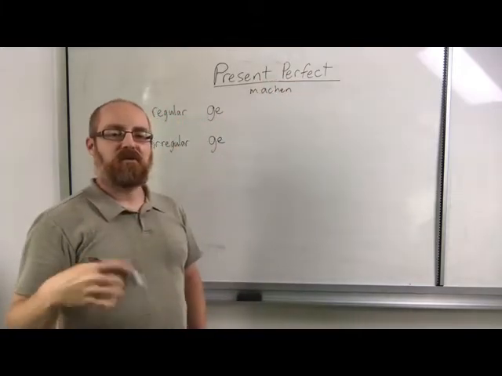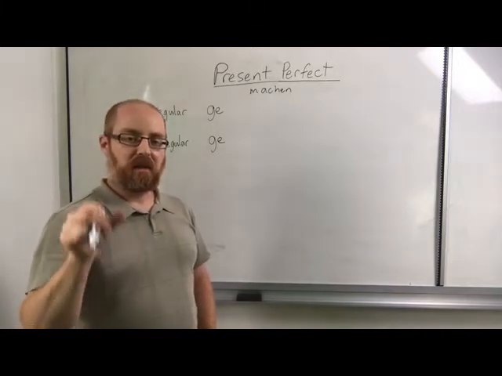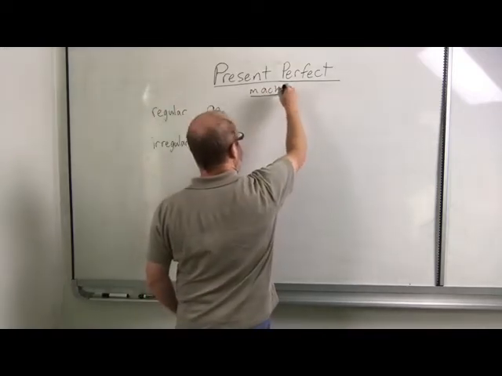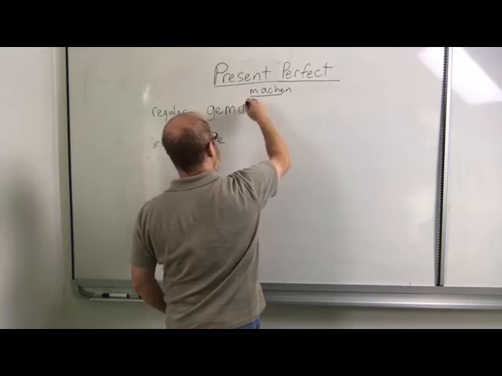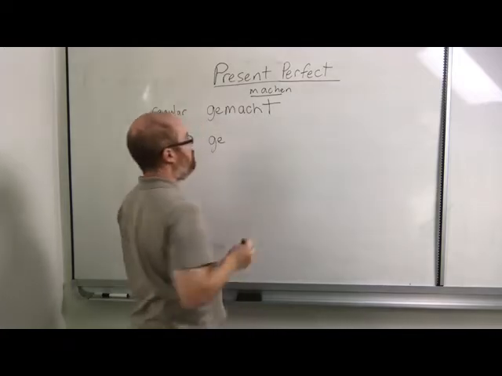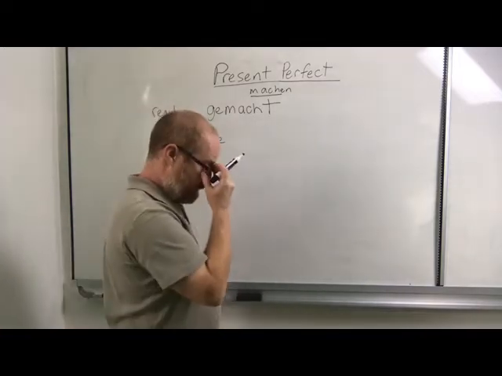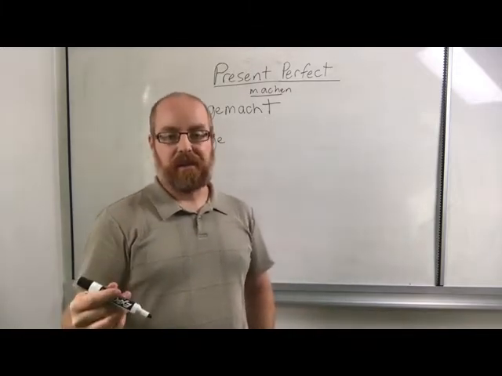In order to form the past participle, we take GE plus stem and then add a T ending. So it's the stem, you drop that EN from the infinitive, so GE plus mach plus T gives us our past participle, gemacht. Now the verb to do uses the helping verb haben.